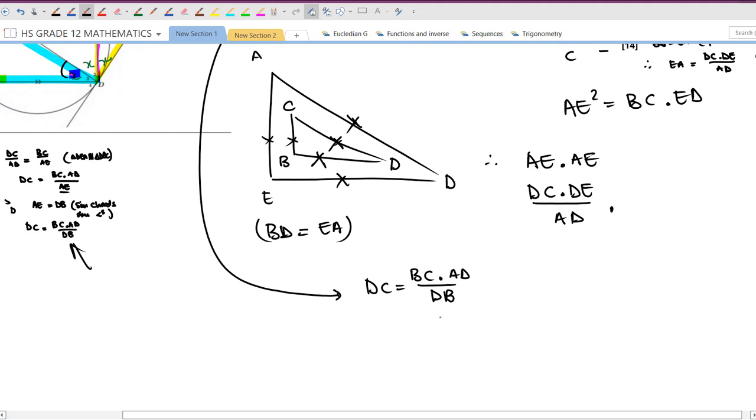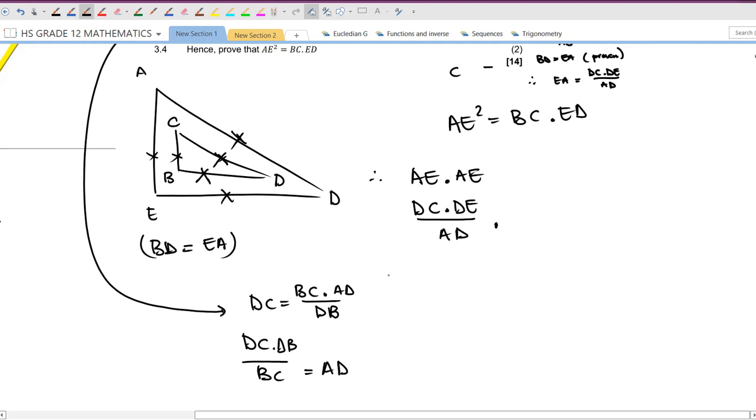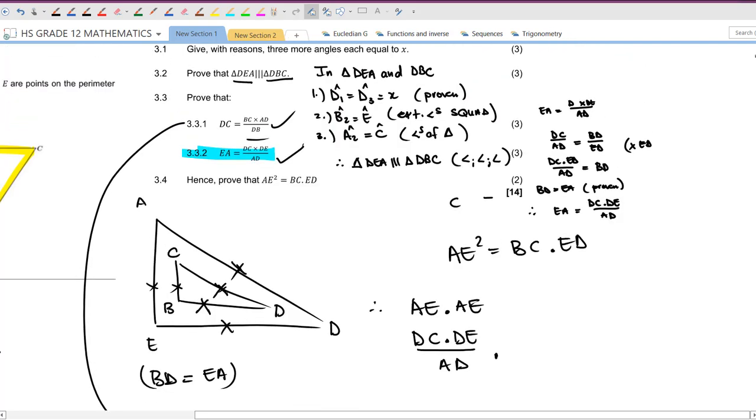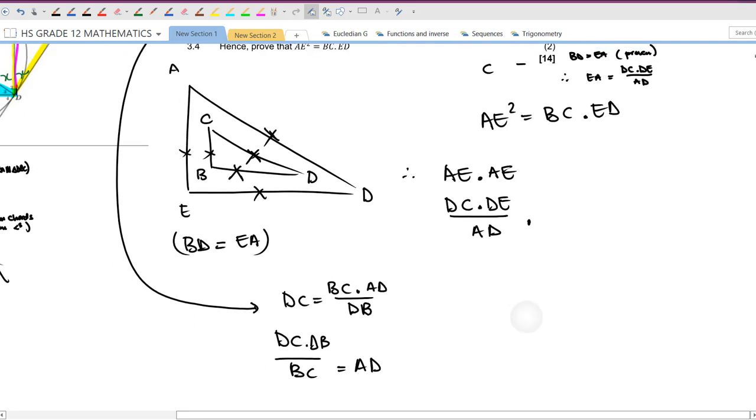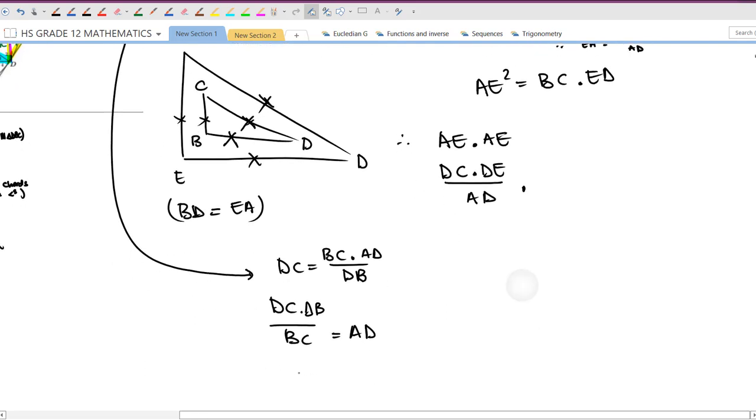Okay, so I can make AD the subject of the equation. I multiply with DB right through. So DC times DB, and then I divide by BC, and then I have AD. So I can just plug that in. Well, this is wrong.